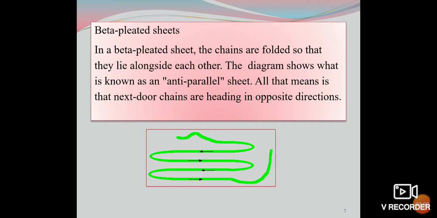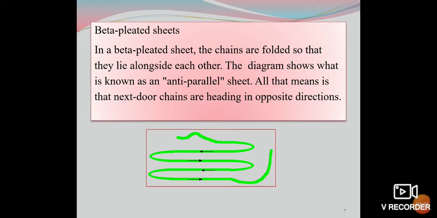Next is the beta pleated sheets. In a beta pleated sheet, the chains are folded so that they lie alongside each other. The diagram shows what is known as an anti-parallel sheet. All that means is that next door chains are heading in opposite directions.